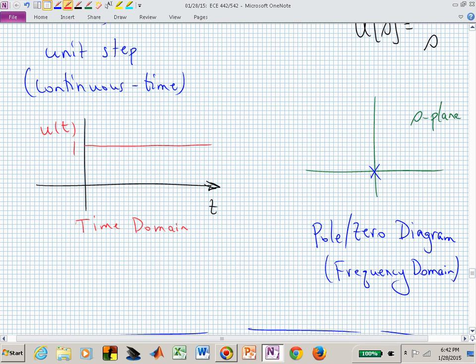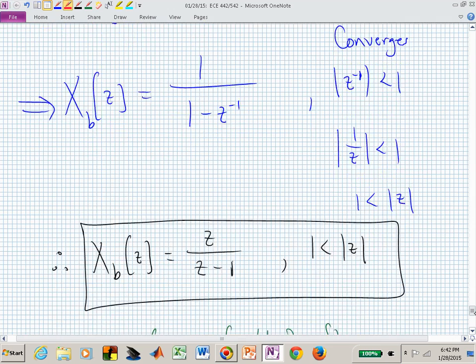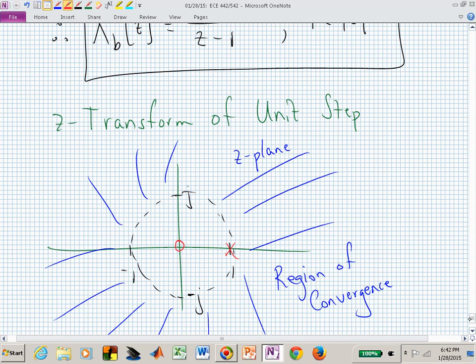Z is equal to e to the sT. S equal to 0 gives us z equal to 1. So that pole at 1 is consistent with this pole at the origin. It's just we've now introduced a little bit different pole and zero diagram. Now we've introduced a finite zero, but it's consistent with what we were seeing in the S-plane. Now we have this pole at 1 in the Z-plane, and that's consistent with the pole at the origin in the S-plane.